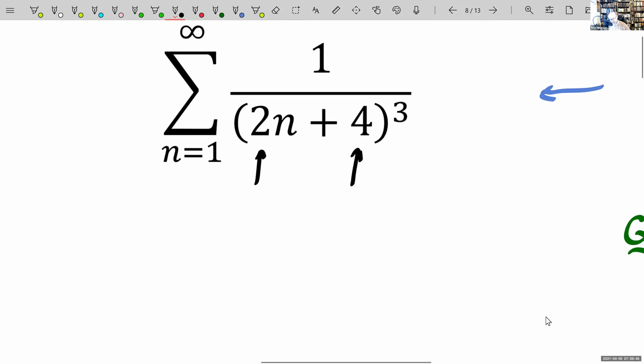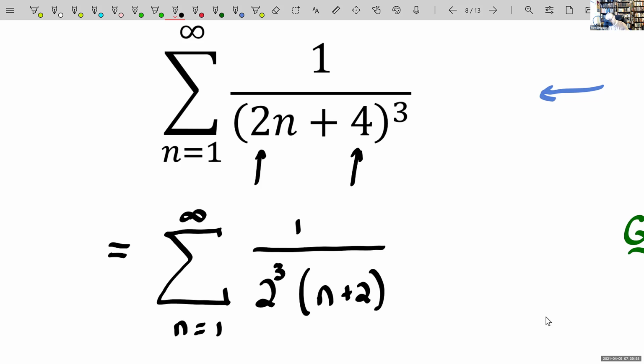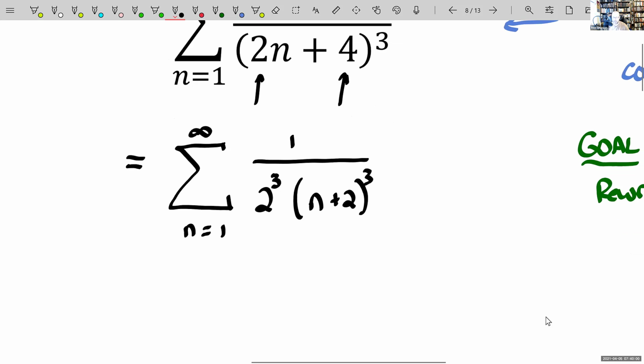So let me just showcase this very slowly. This is going to be a summation n equals 1 to infinity of 1 over 2 cubed times n plus 2 cubed. I hope everybody's with me so far. That's not a huge jump in mathematics.